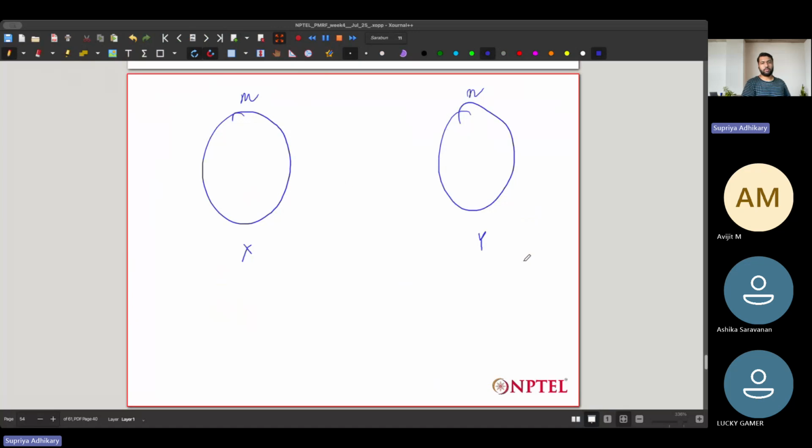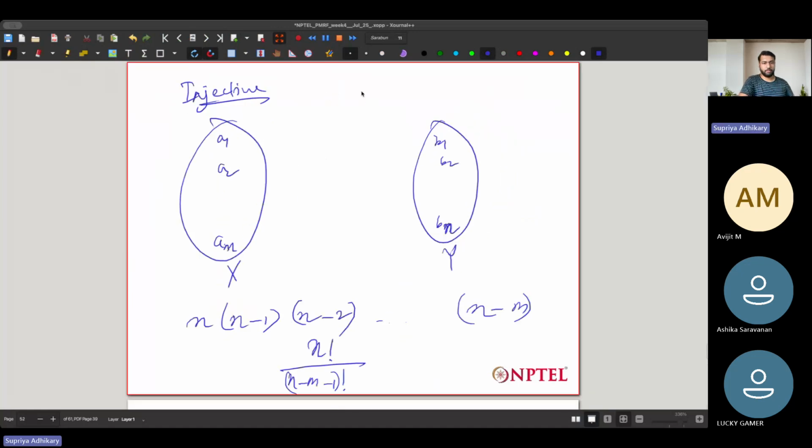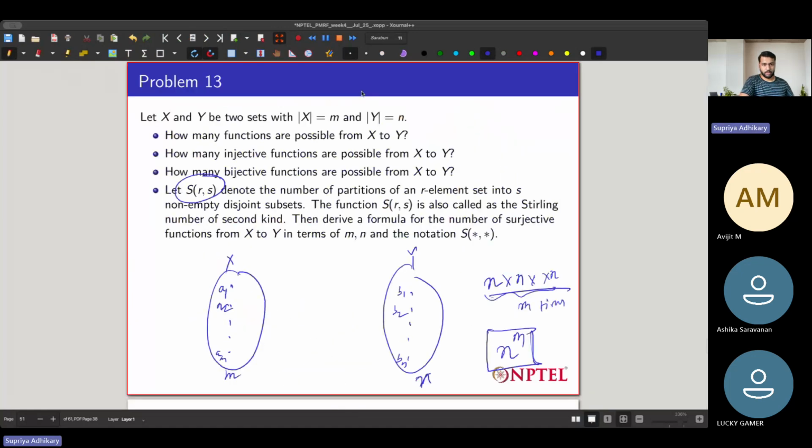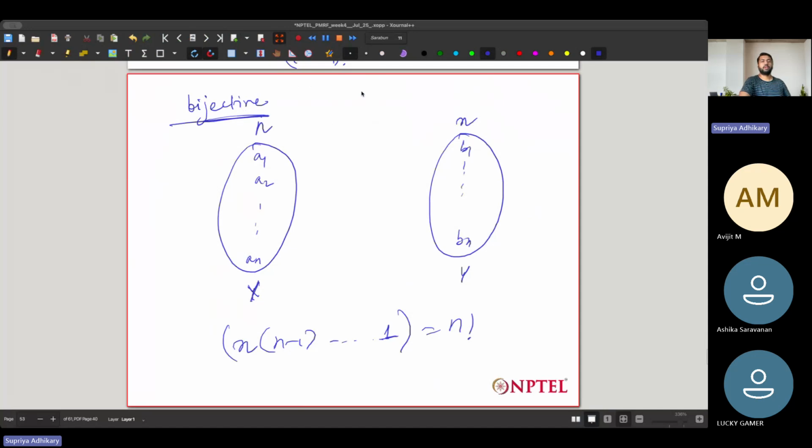So what we have to do is find out the number of surjective maps, surjective functions.